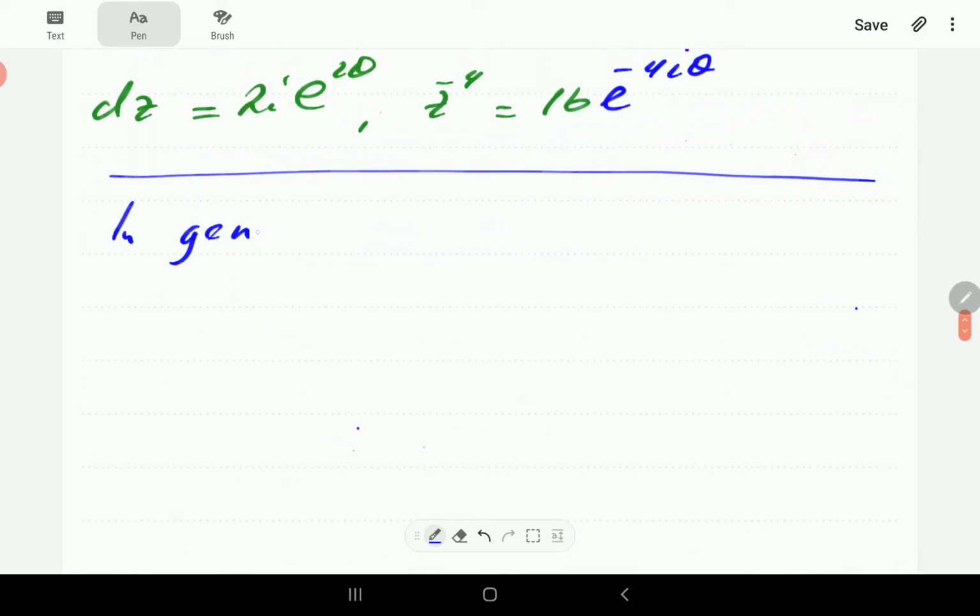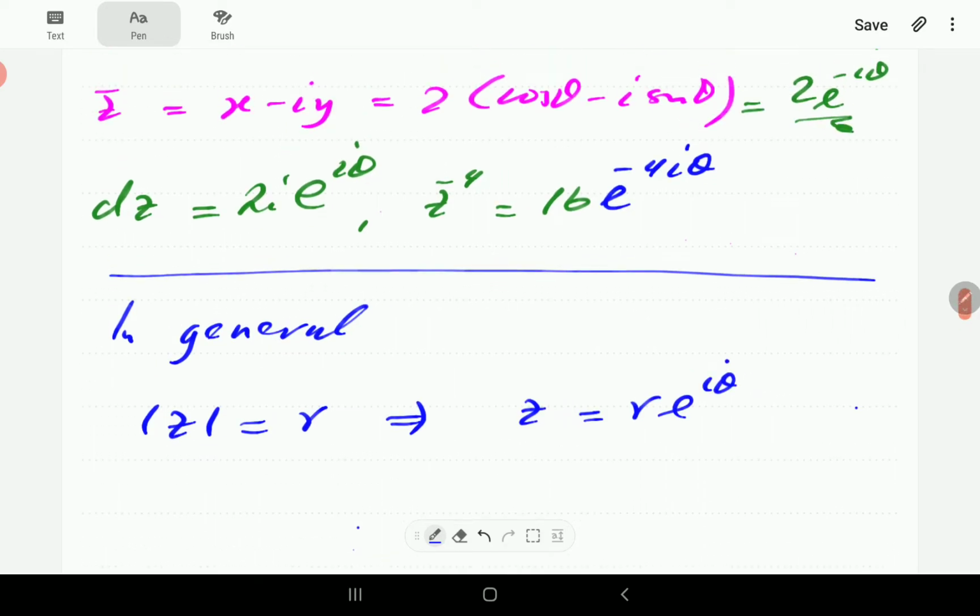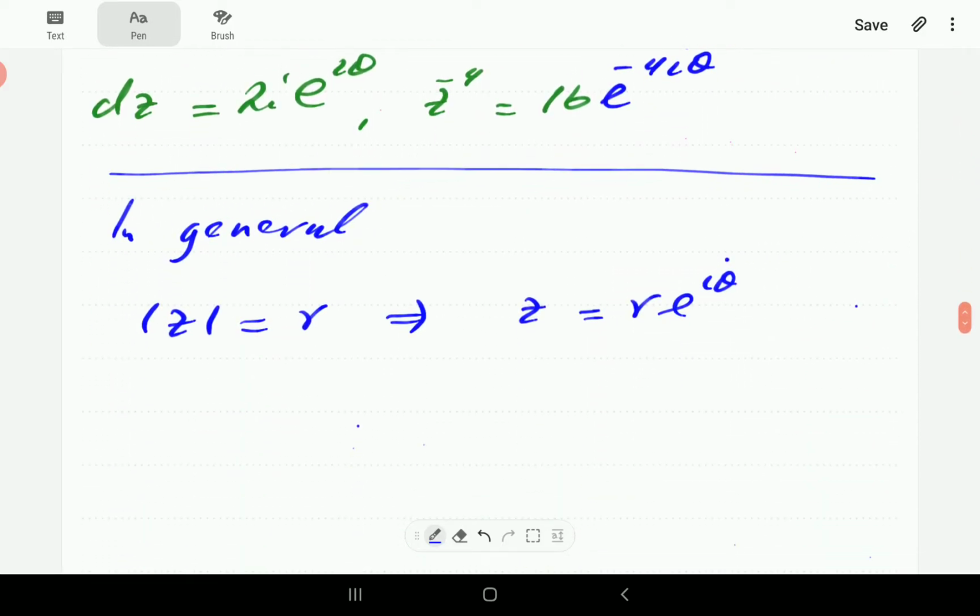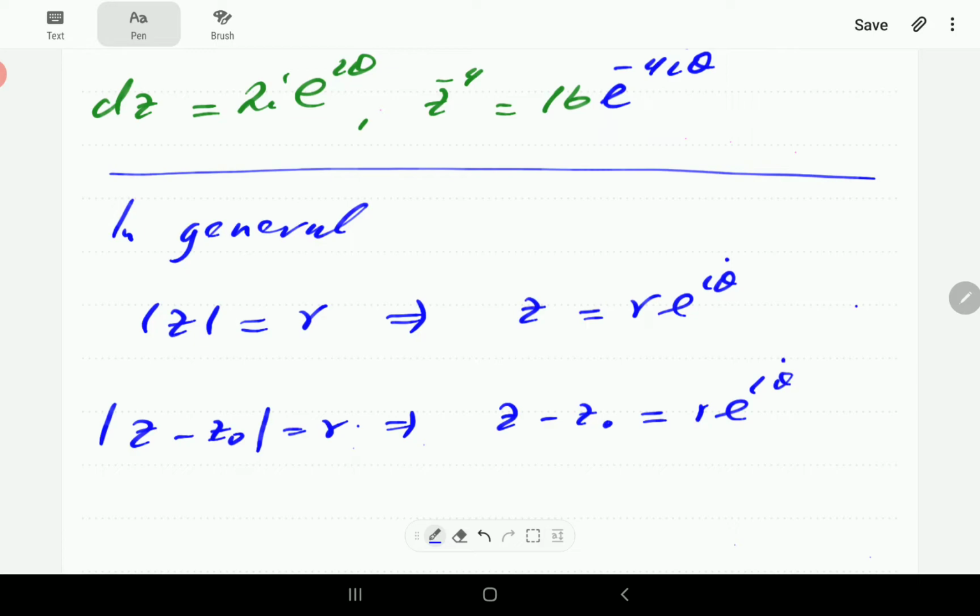In general, if we have mod z equal to r, then in parametric form this gives us z equals r e to the i theta all the time. In our case, r was 2. In fact, even if you have mod of z minus z naught equals r, then z minus z naught is always going to be r e to the i theta, using the same process that we just demonstrated.